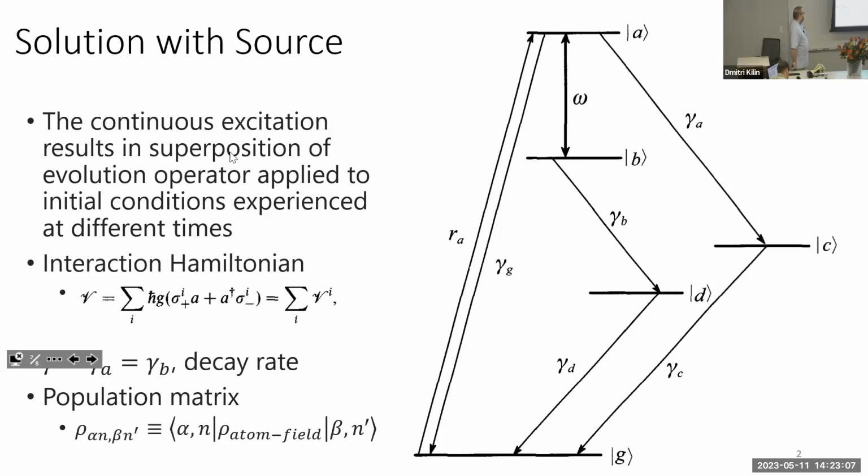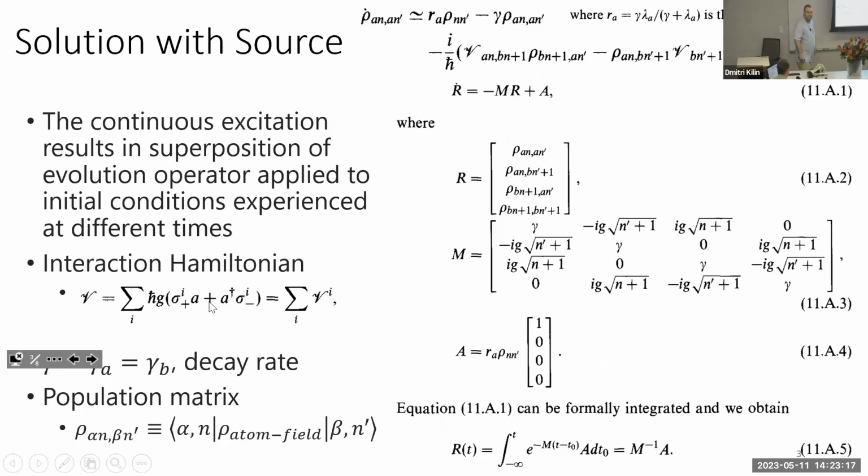So what the solution with the source is doing is we're using a continuous excitation on the model to calculate dynamics. What it's actually doing is resulting in a superposition of the evolution operator being applied to the initial conditions.